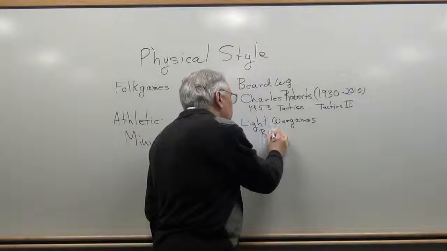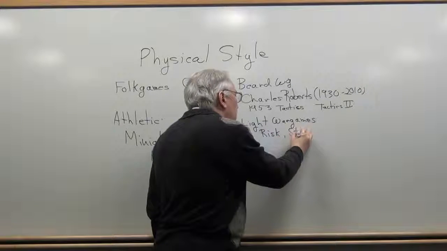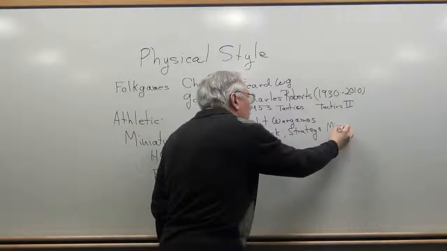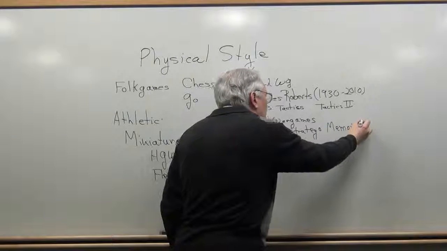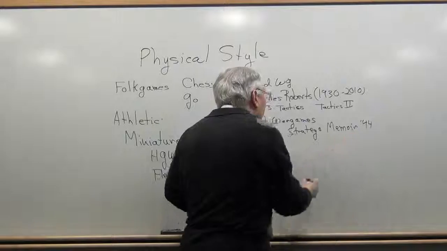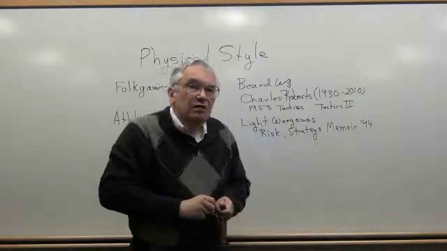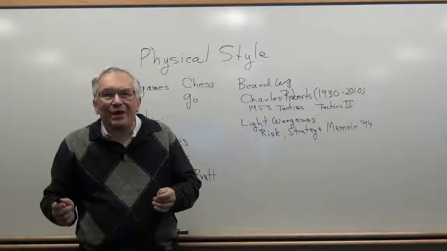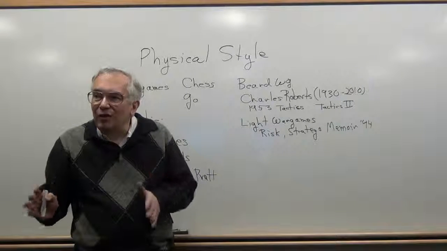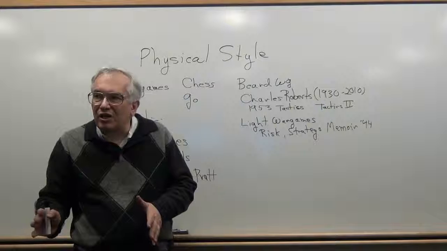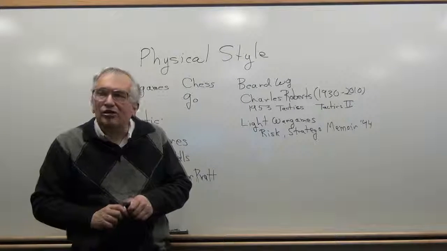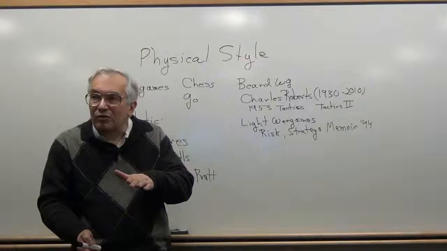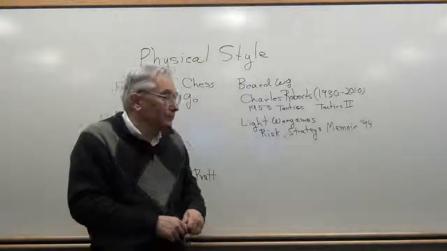Something like Risk, or Stratego, or Memoir 44, which is a new one, relatively speaking. And these are games that also represent warfare, combat command, there's another one, that you also have strategy to some extent, but the rules are much, much simpler, and there is a real bifurcation in terms of degree of complexity.